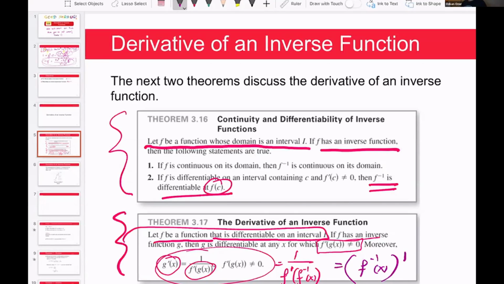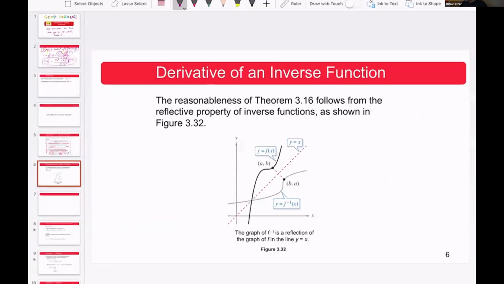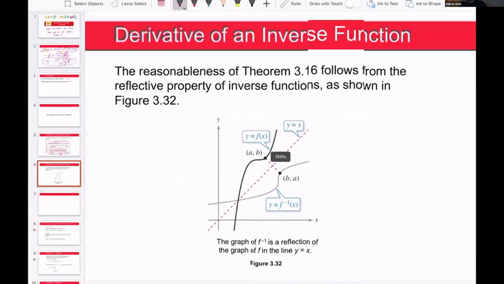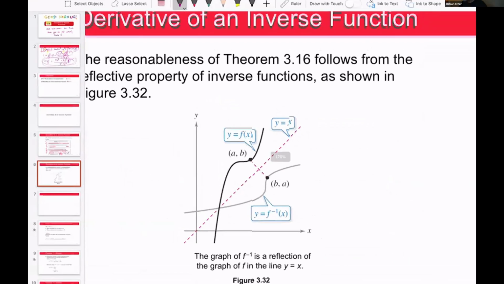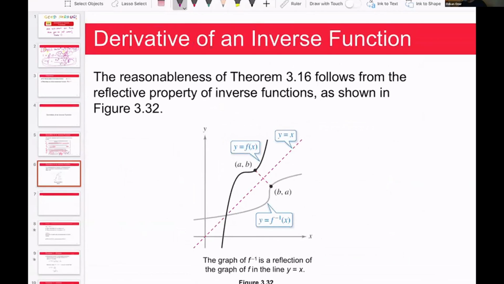One is the derivative of the given f, and second, you have to find what f inverse is, okay? And finding f inverse is the topic of pre-calculus, okay?